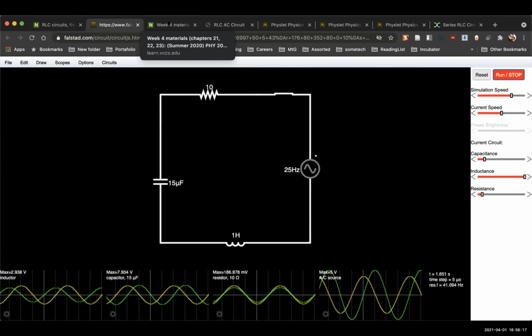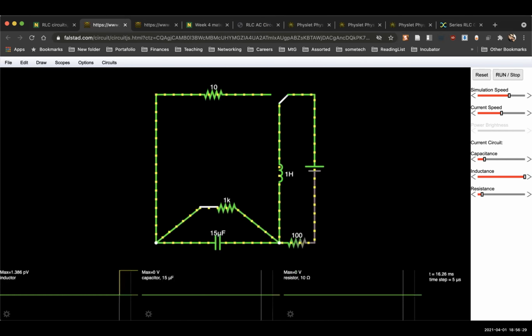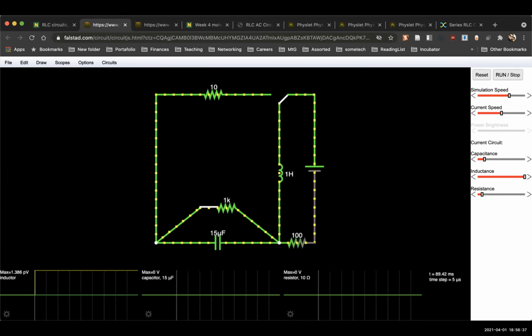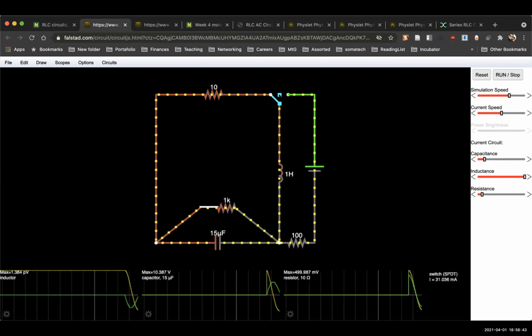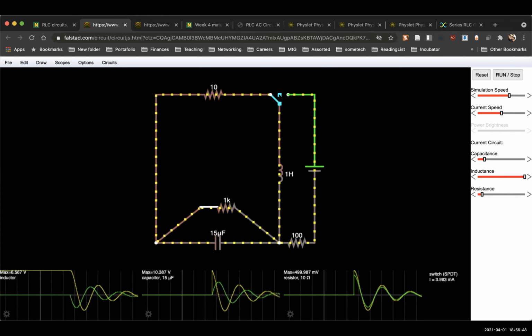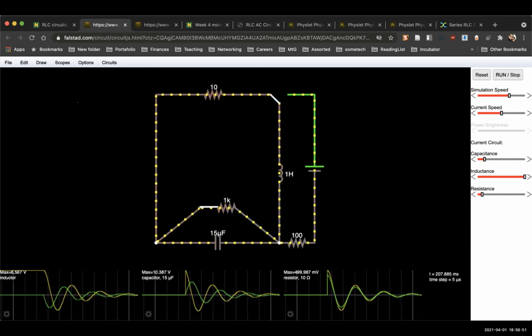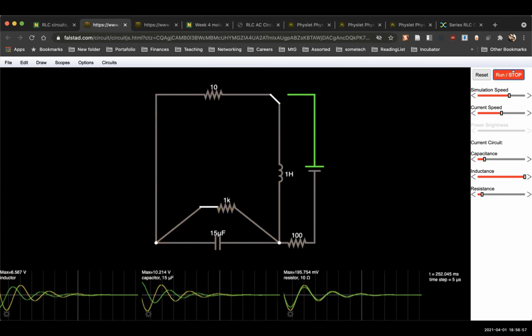What would be the advantage of this over this? The alternating current doesn't damp.